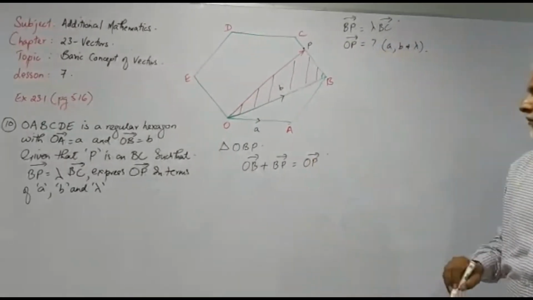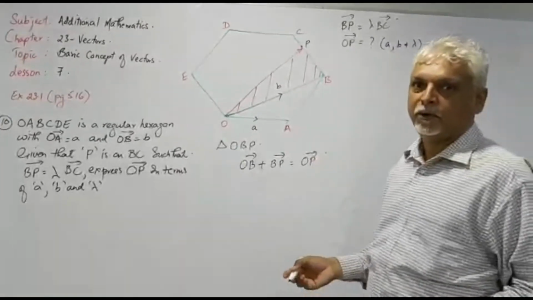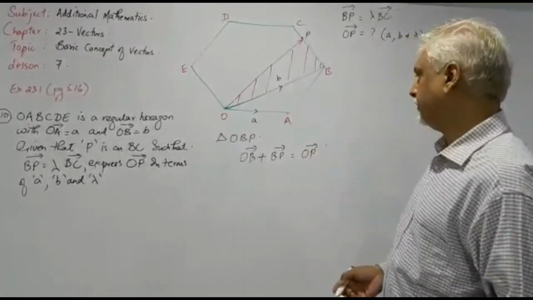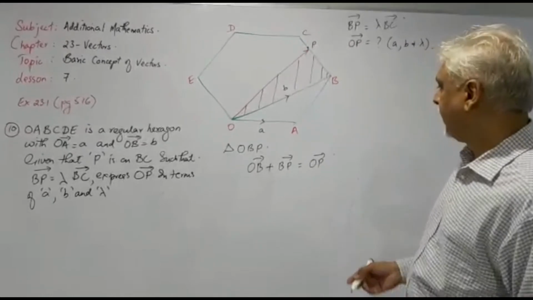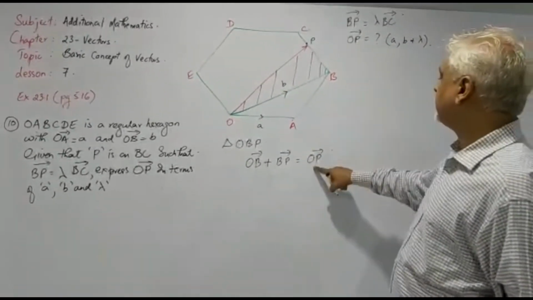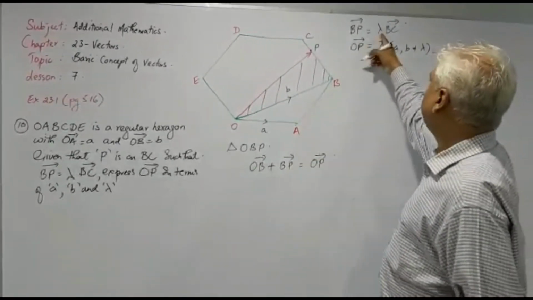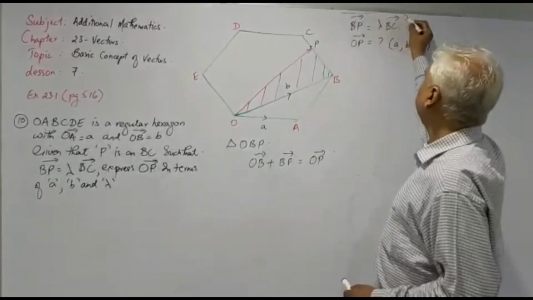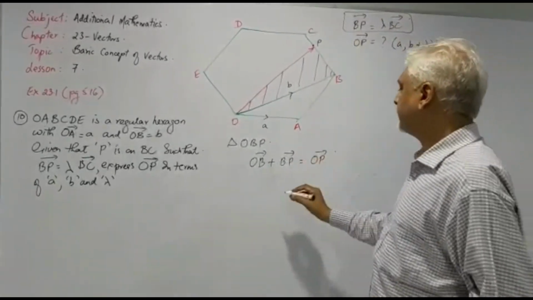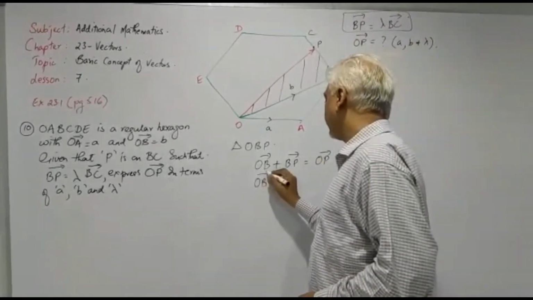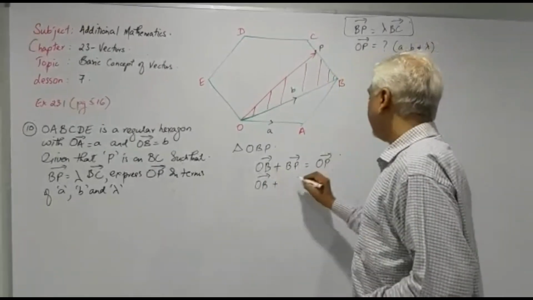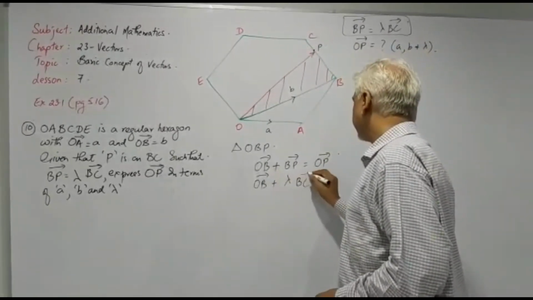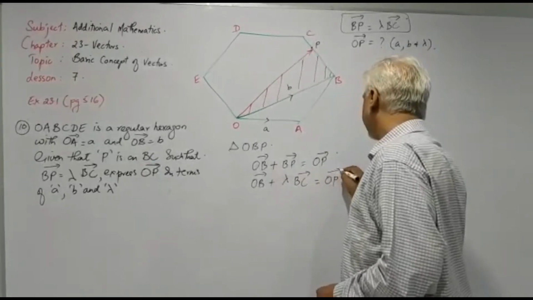This is according to the additive property using the law of triangle for vectors. Now OP is what you need to find. We have got BP equals to lambda BC, so I'm replacing this value of BP by lambda BC equals to OP.